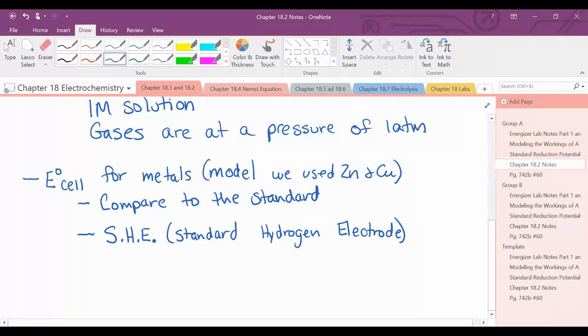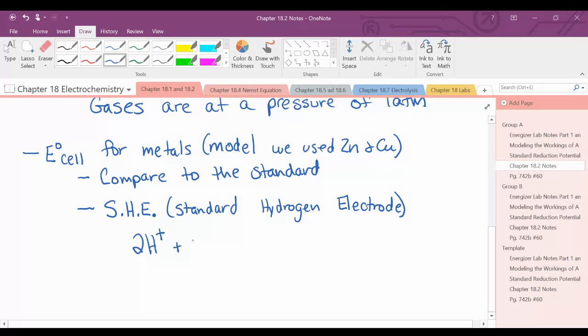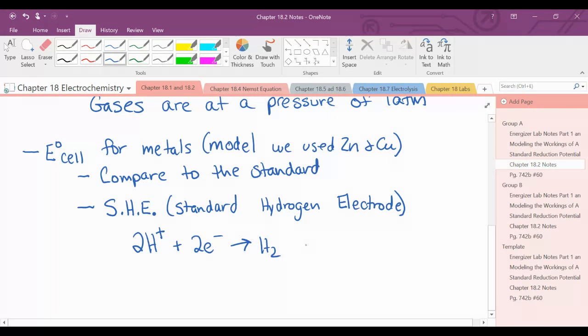If you look at the standard reduction potential chart, hydrogen ions gain 2 electrons, forming hydrogen gas, and the cell potential is 0.00 volts.